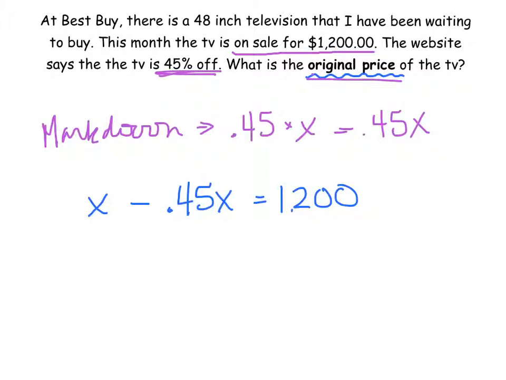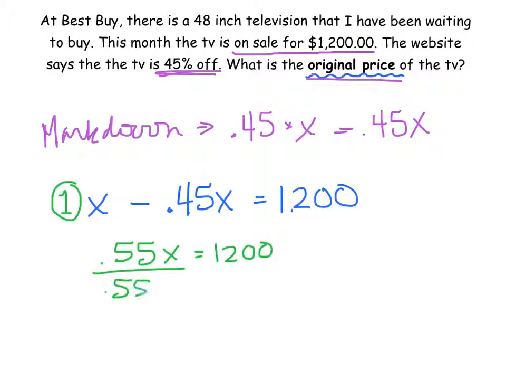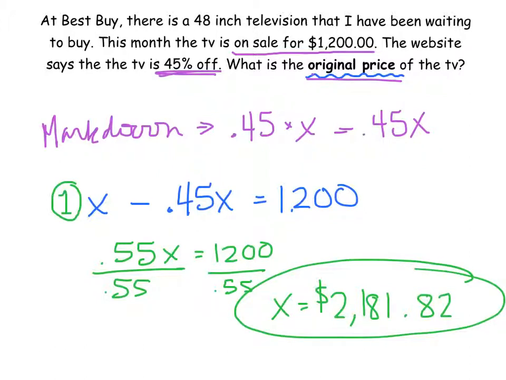Remember, in front of this x, there is a 1. So we have 1x minus 0.45x, which is 0.55x, equals 1,200. Divide by 0.55 on both sides, and we're left with x equals $2,181.82. And that was the original price of our TV.